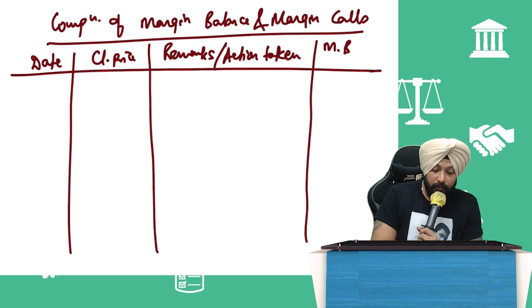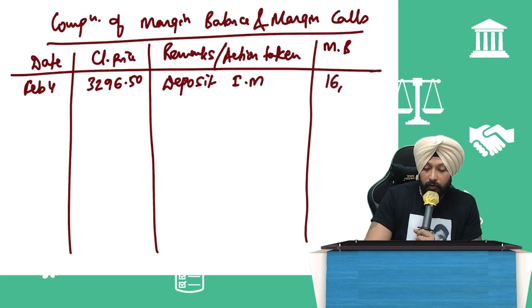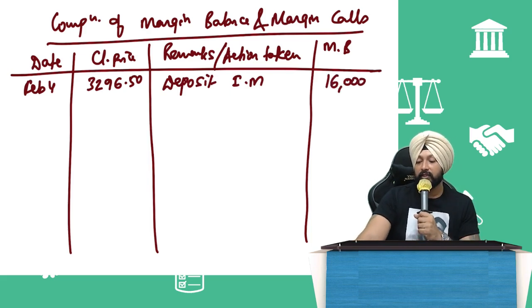So we start on February 4. 3296.50 was the closing on that day. What action we have to take? We have to deposit initial margin to initiate this contract, and your balance will show as 16,000.